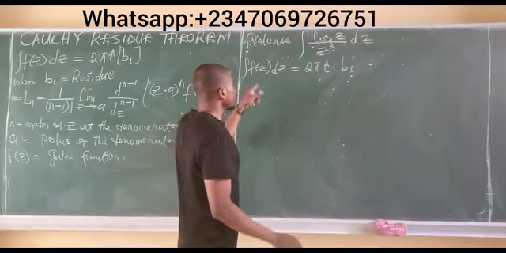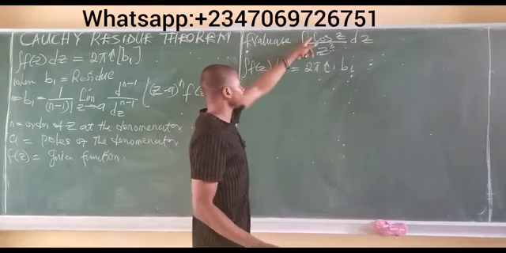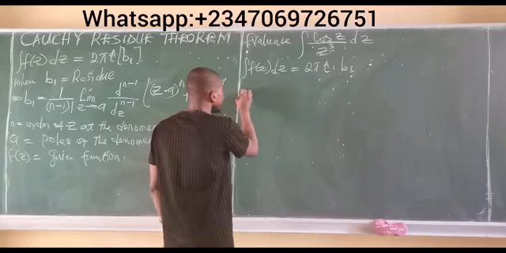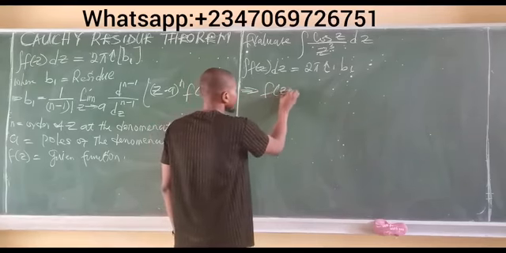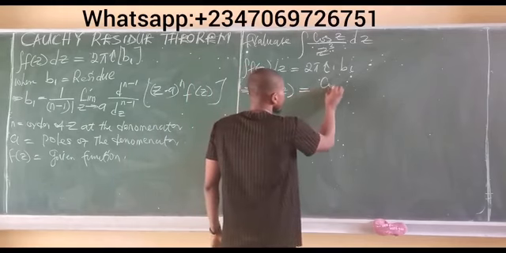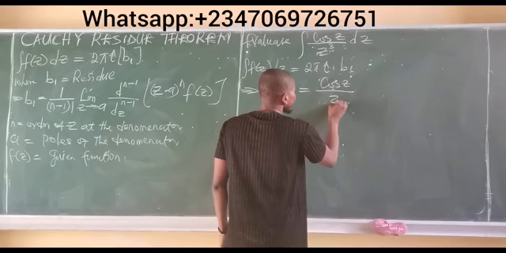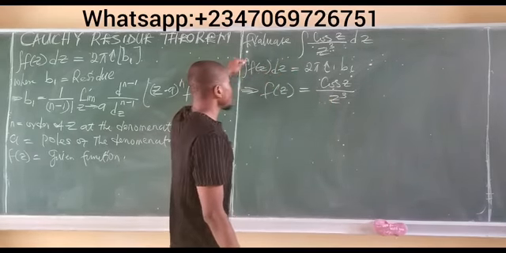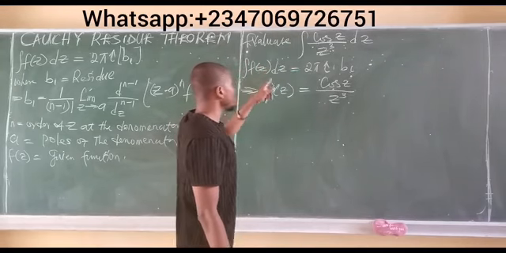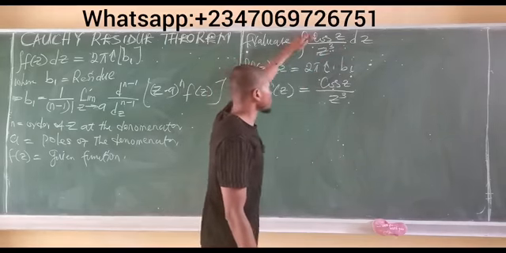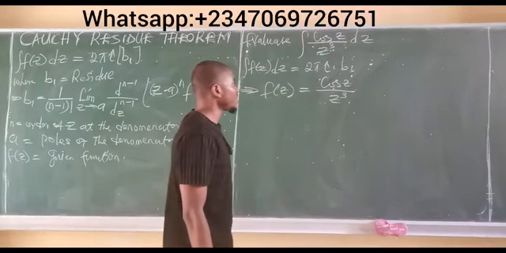Comparing these two equations, you have an integral, you have the dz here, you have the dz here. So this simply means that f(z) is cos z all over z to the power of 3.